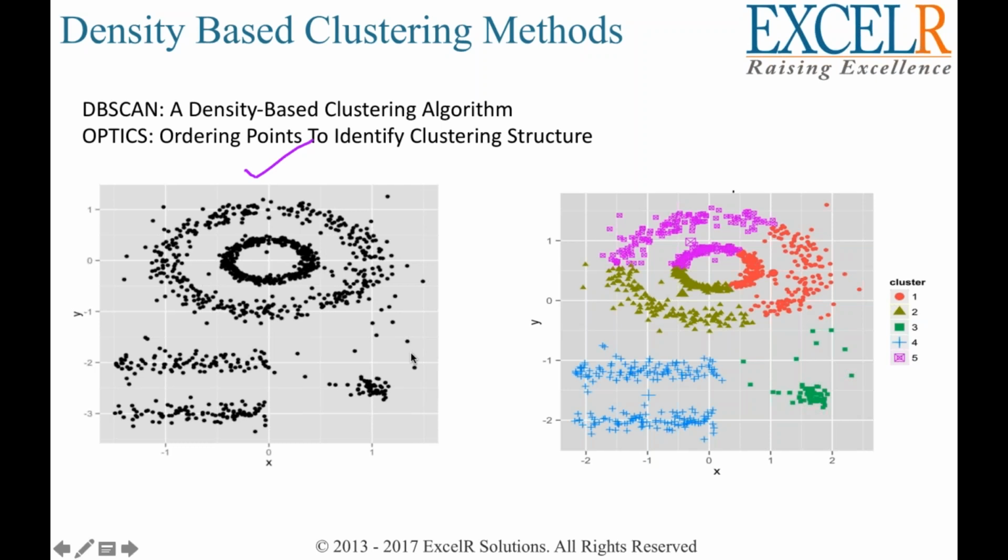Look at this and tell me how many clusters you think exist. I request you all to please put that in the chat window. If you plotted the data and you are seeing this kind of representation, how many clusters do you expect? Yes, I see a lot of you responding. I request everyone to please respond.